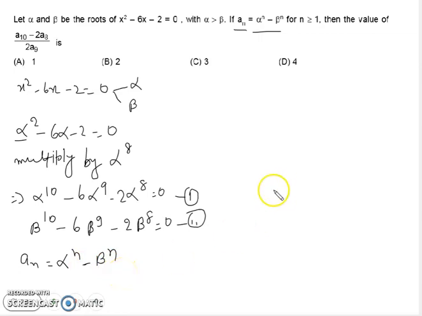So we can write a_n is equal to α^n − β^n. When we have to find a10, similarly a_n is equal to α^n − β^n.